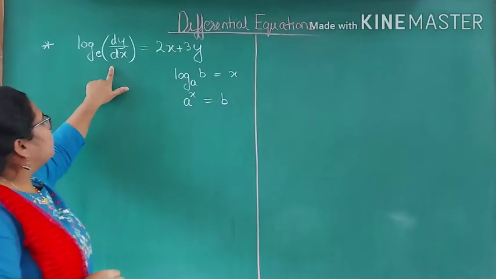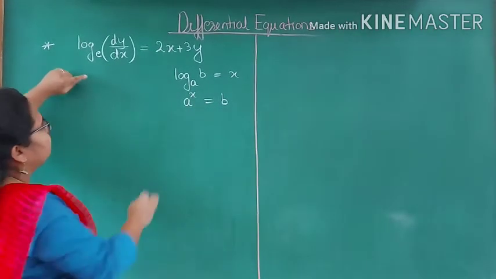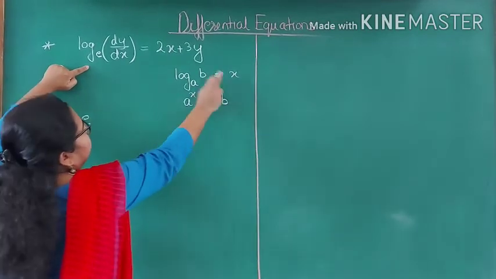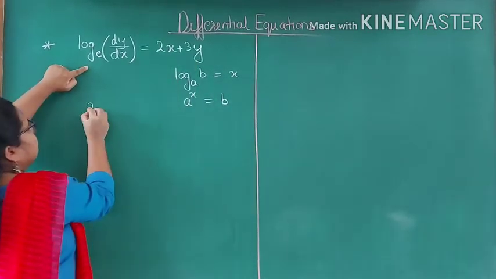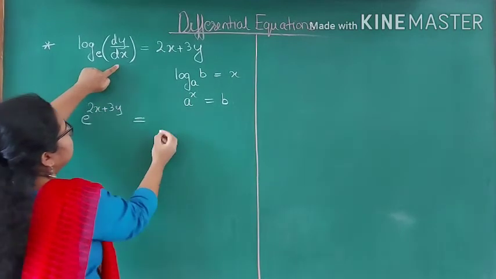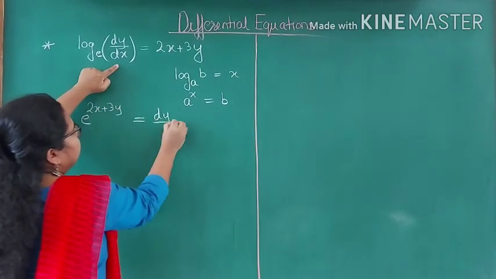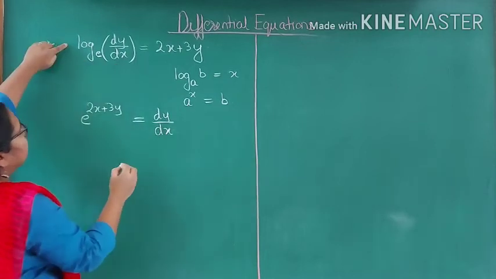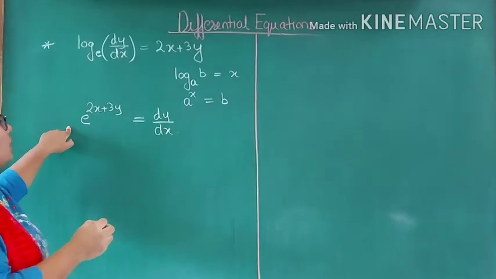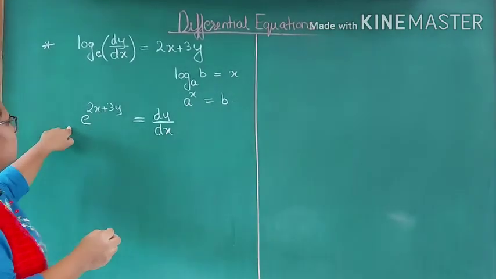So for this logarithmic form, base is e, and x is 2x plus 3y. So 2x plus 3y is equal to, what is b here? It is dy by dx. So just convert the logarithmic form into exponential form to do variable separation.